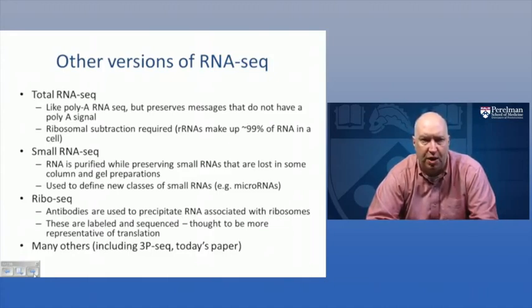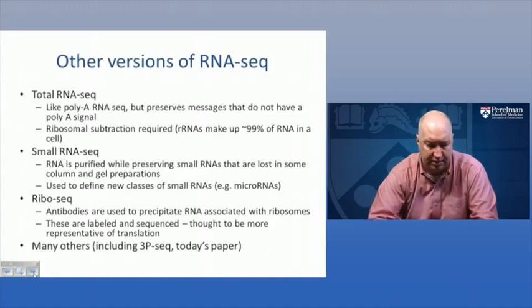There's also ribosequencing, where you use antibodies to precipitate RNA associated with ribosomes. These are then labeled and sequenced, and this is thought to be more representative of what's going on translationally in a particular sample. And virtually every month or so, there's a new form of sequencing, including 3P-seq.